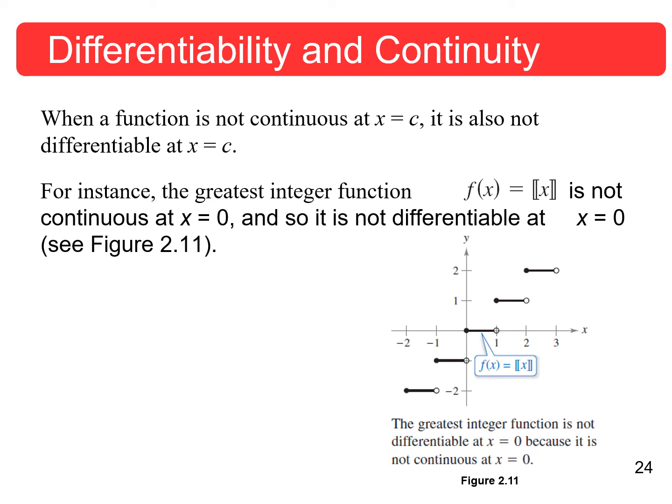Now, since this is not continuous at x equals 0, this greatest integer function is also not differentiable at x equals 0. And you can verify the derivative from the right of 0 is not the same as the derivative from the left.